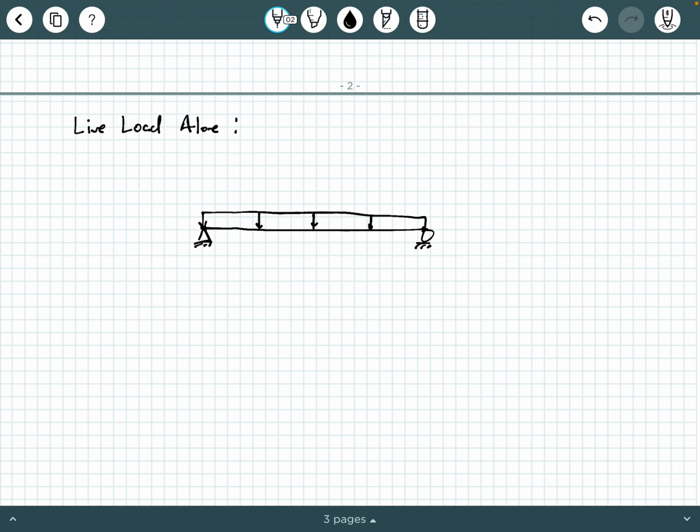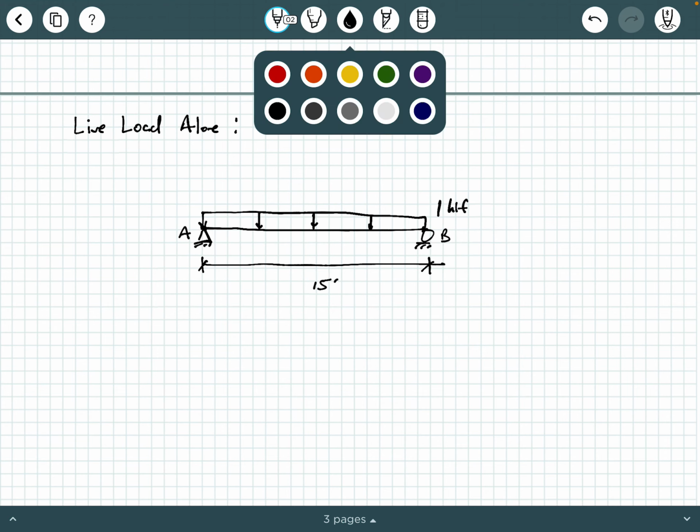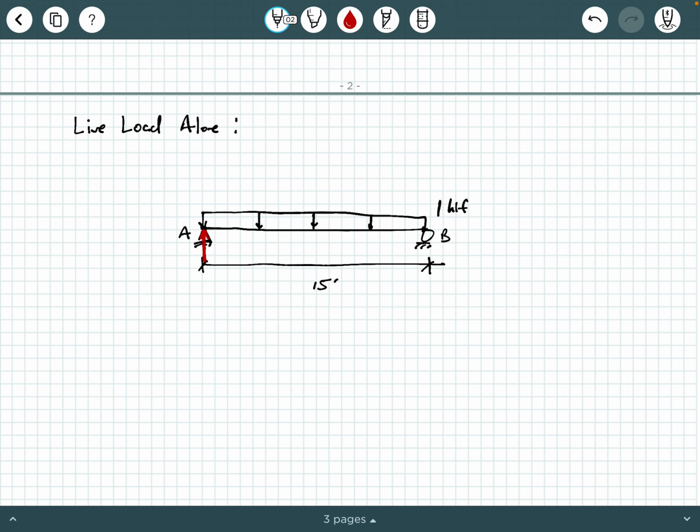And the live load alone is going to be that 1 KLF over the entire 15 feet. And again, I can superimpose my reactions here. And, of course, we'll still have an A_y due to live load alone now, and A_x is 0, and then we have a B_y here.